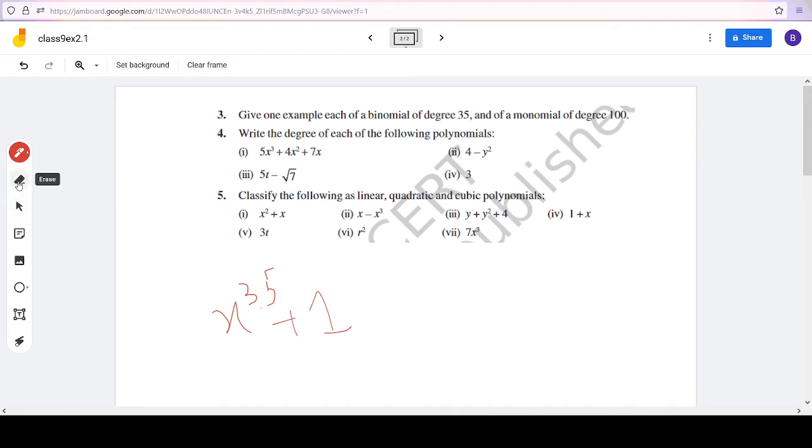If instead of 1 I keep x power 35 as the second term, then you know from algebraic expressions that if two like expressions are present, you can add them, and this will eventually become only a single term expression.